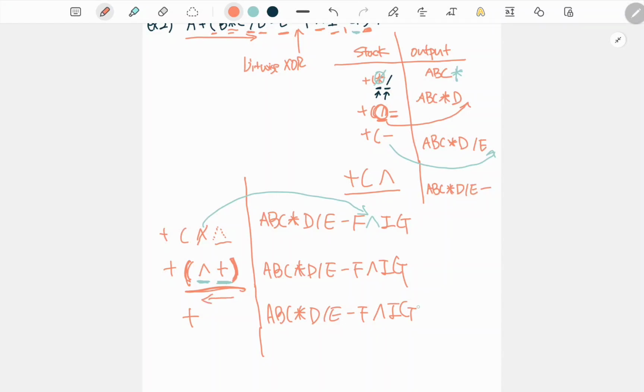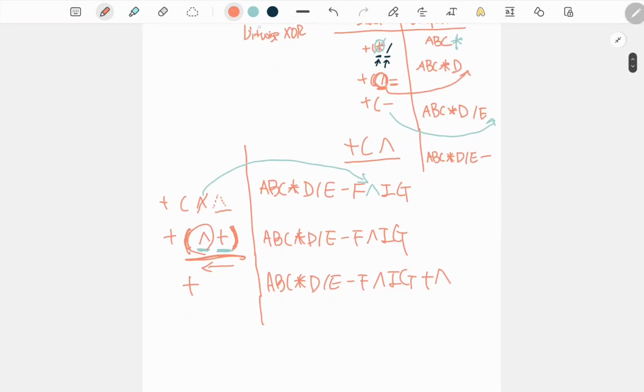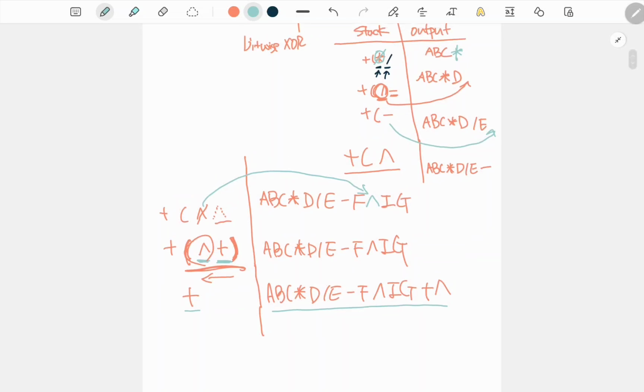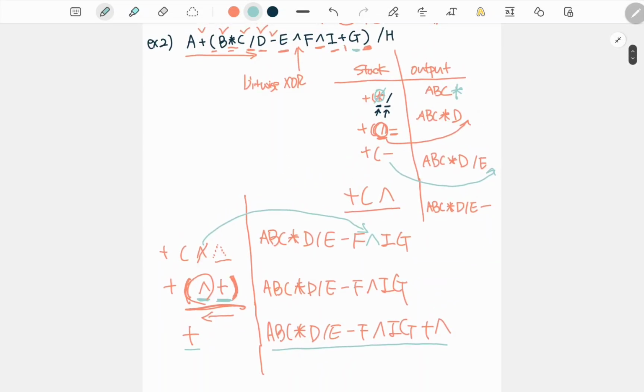So we're gonna put plus first, and then the bitwise XOR. So we have this as the output, and then we have a plus in the stack, and then we still have two more steps to do.